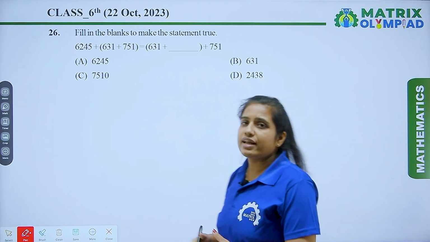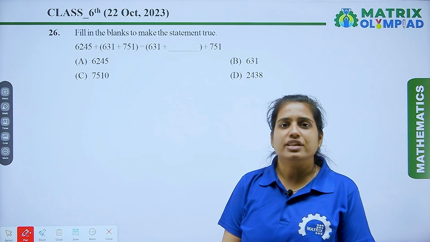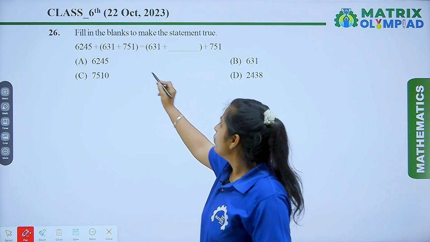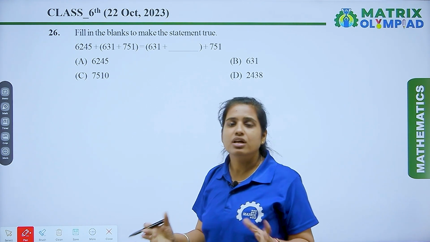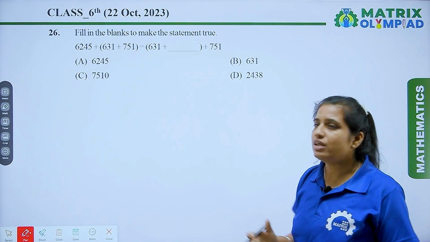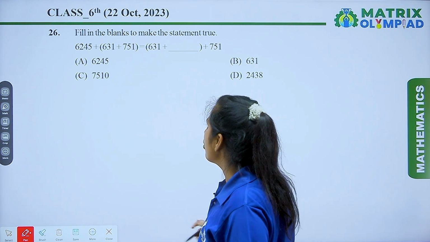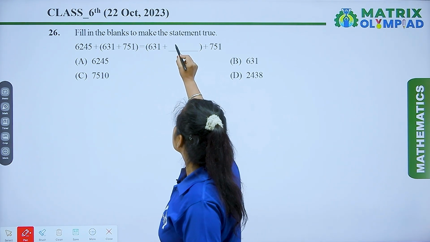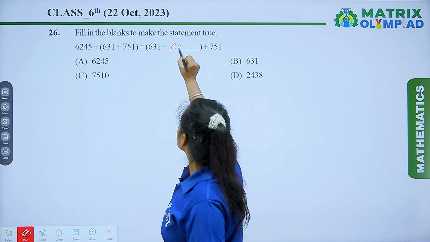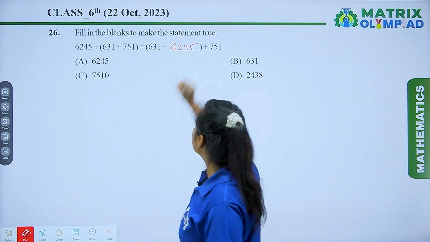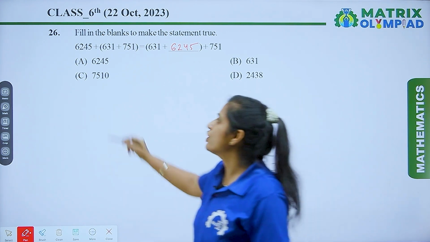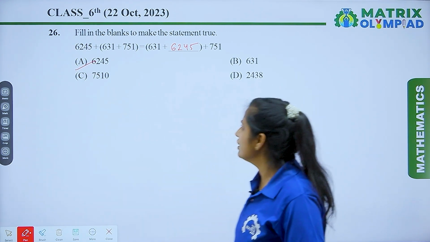So here left hand side and right hand side are given with the same numbers. According to the given example, we can observe that this is an associative property. So according to that property, here must be 6,245. So here option A is the correct answer.